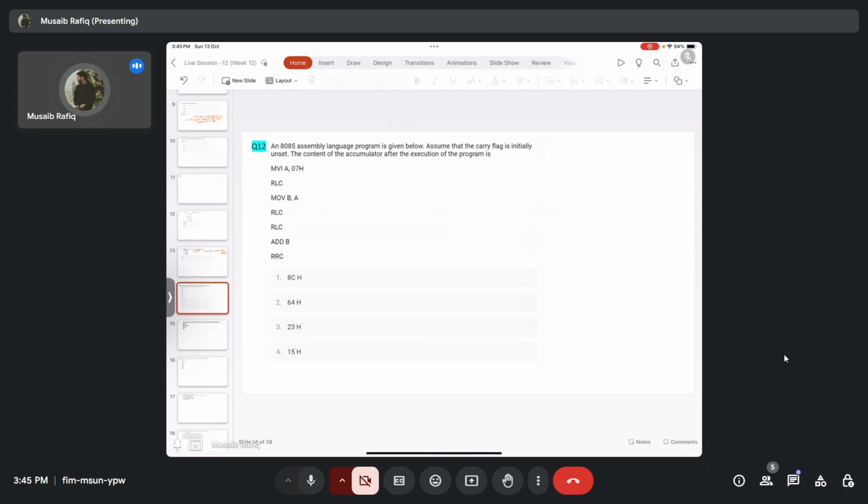I'll just read the question once again. An 8085 assembly language program is given below. Assume that the carry flag is initially unset. The contents of the accumulator after the execution of the program is.